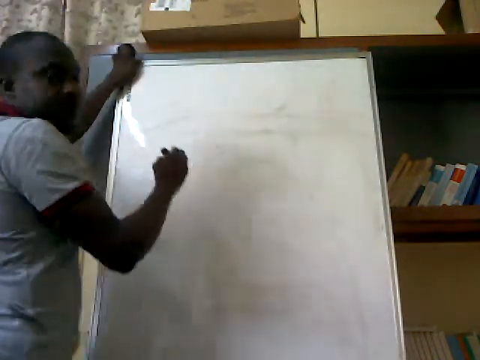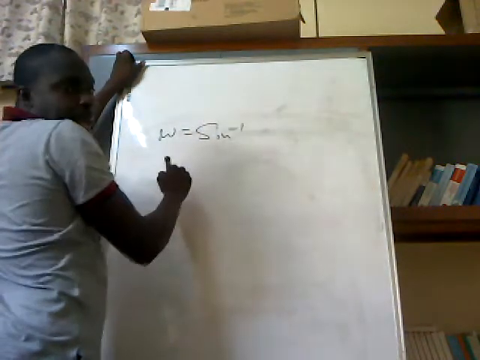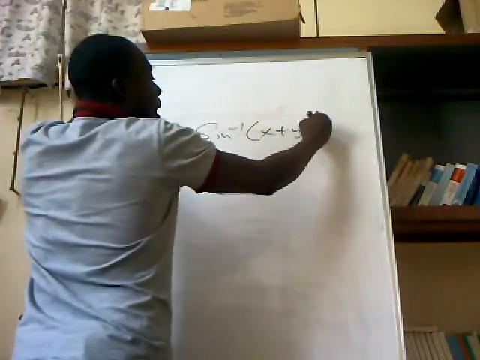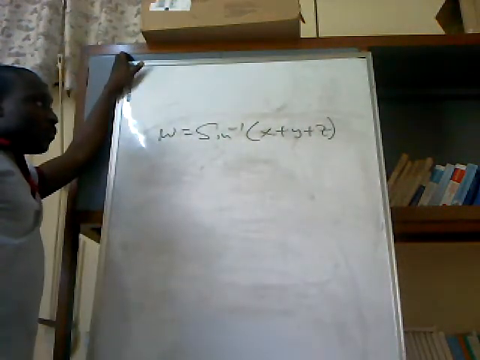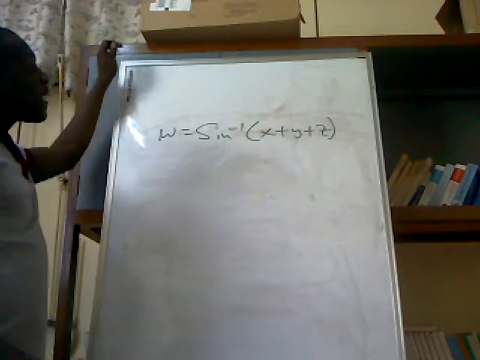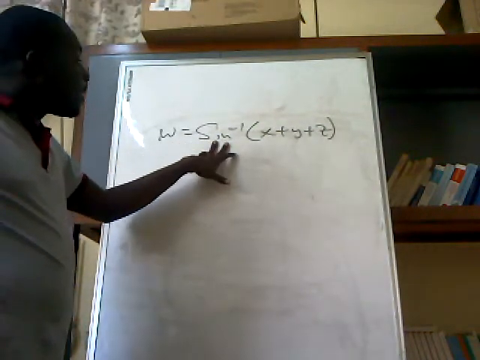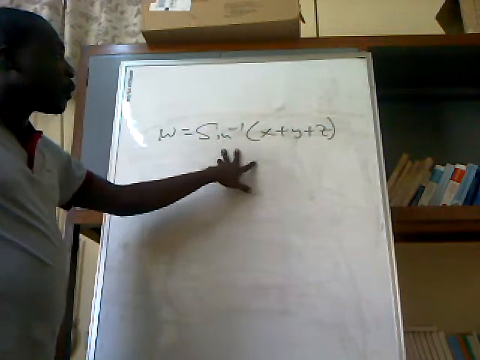Let's look at W is equal to the sine inverse of x plus y plus z. Now, the sine inverse function can only act on numbers between -1 and 1.